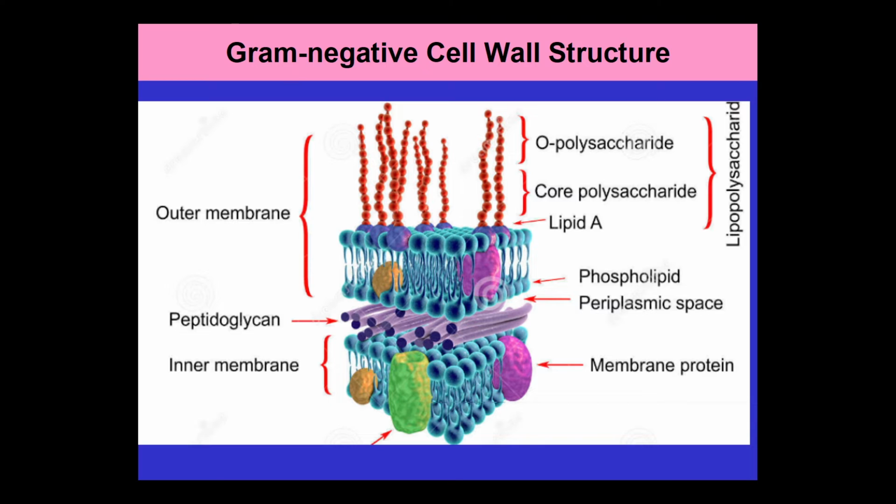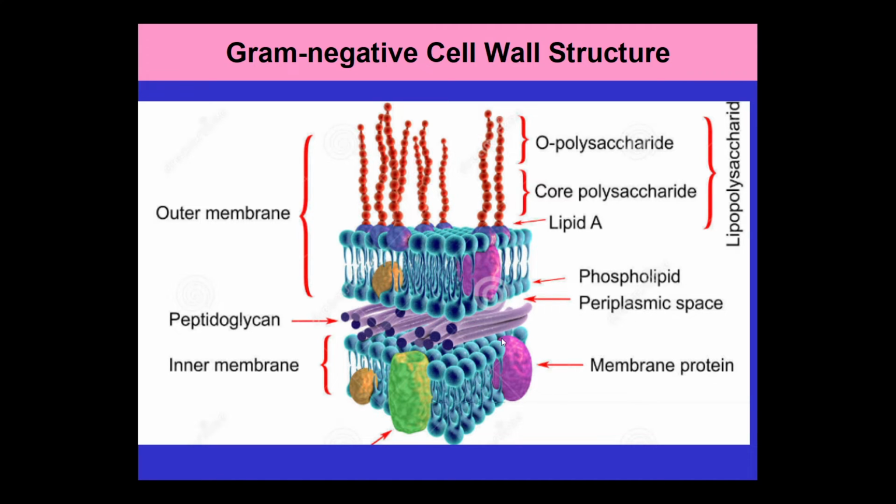Now you see, in the same manner, the gram-negative cell wall structure. And you can see here that the gram-negative cell wall is thinner but more complex. So first you see the inner membrane, like a cytoplasmic membrane.